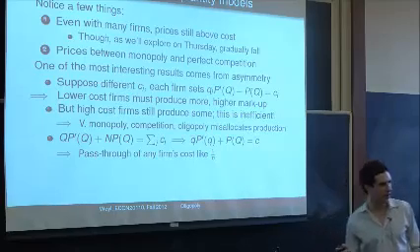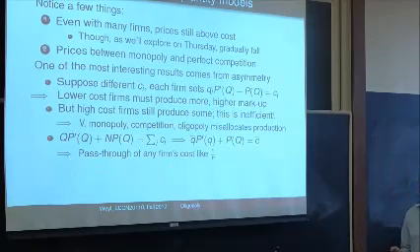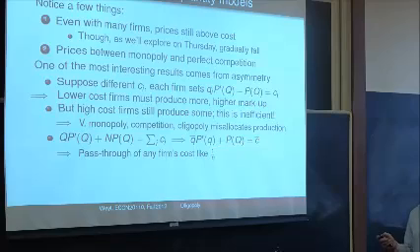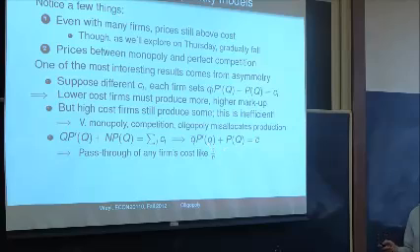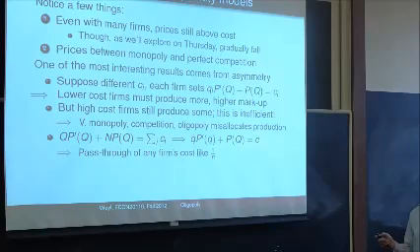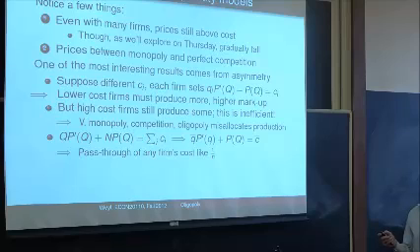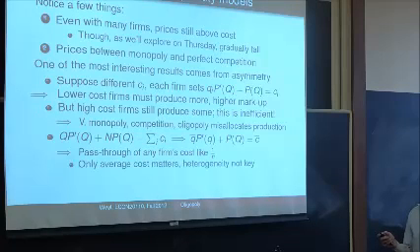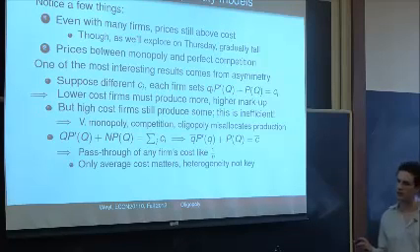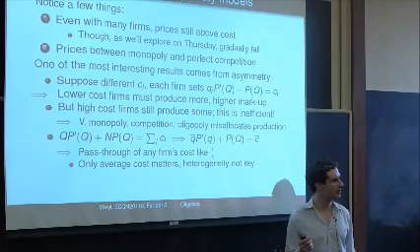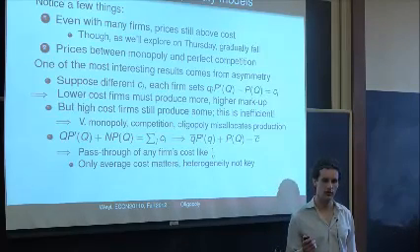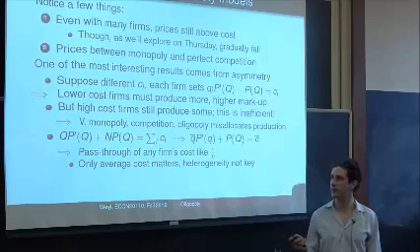And so what that says is that if any one firm's cost increases by $1, that has exactly 1 over n of the effect that would occur if all firms' costs increase on price, right? And so what that means is that only the average cost matters, right, in determining the effect.